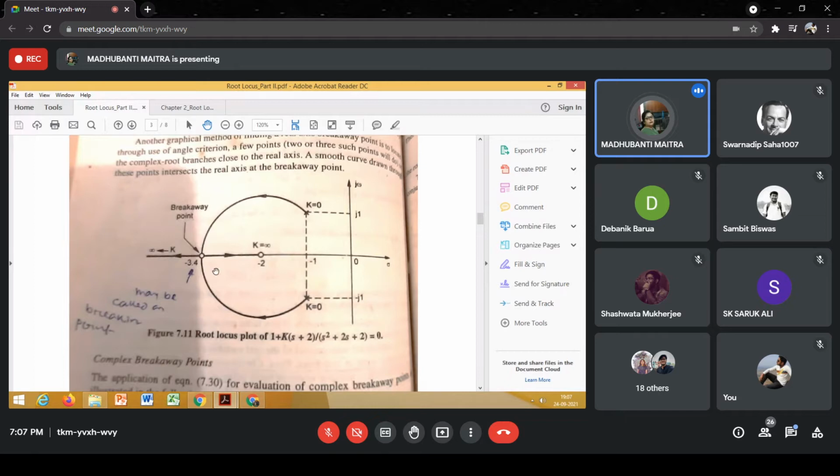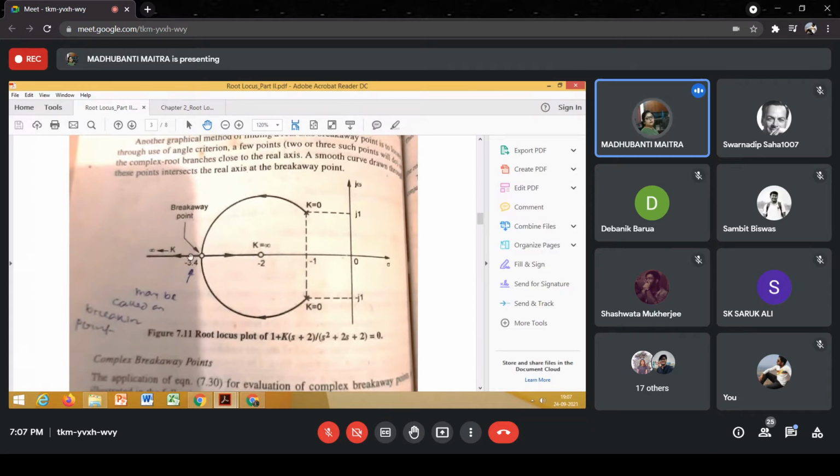Here, two complex conjugate root branches are approaching each other. So at this point, suppose the value of gain k is some k1, right? If you move along this direction, it's clear that the value of gain k is increasing towards infinity.